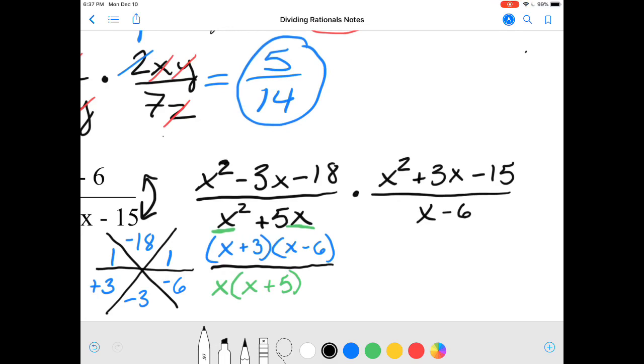Now we're going to go ahead and snowflake the other numerator. Our A value is 1. Our B value is +3. And our C value times our A value is -15.